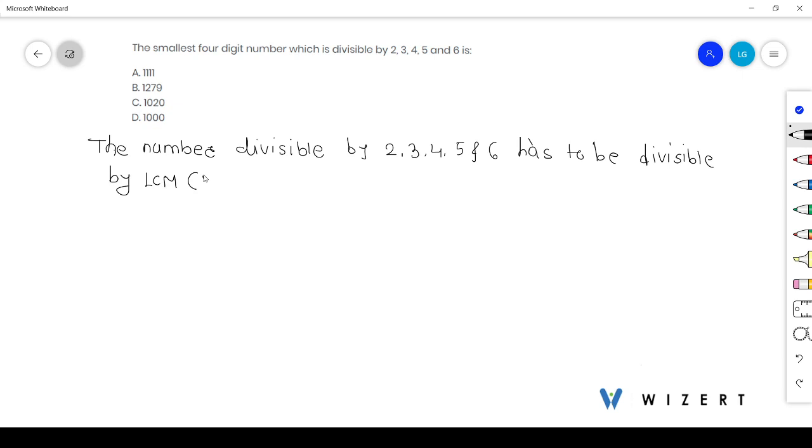That is, as the LCM of 2, 3, 4, 5, 6 is 60, so the number divisible by 2, 3, 4, 5, 6 has to be divisible by 60.